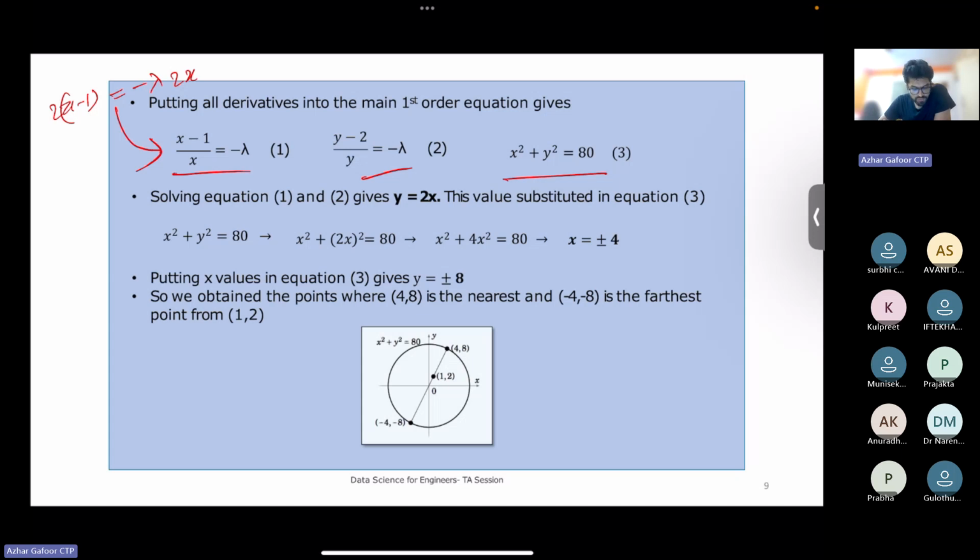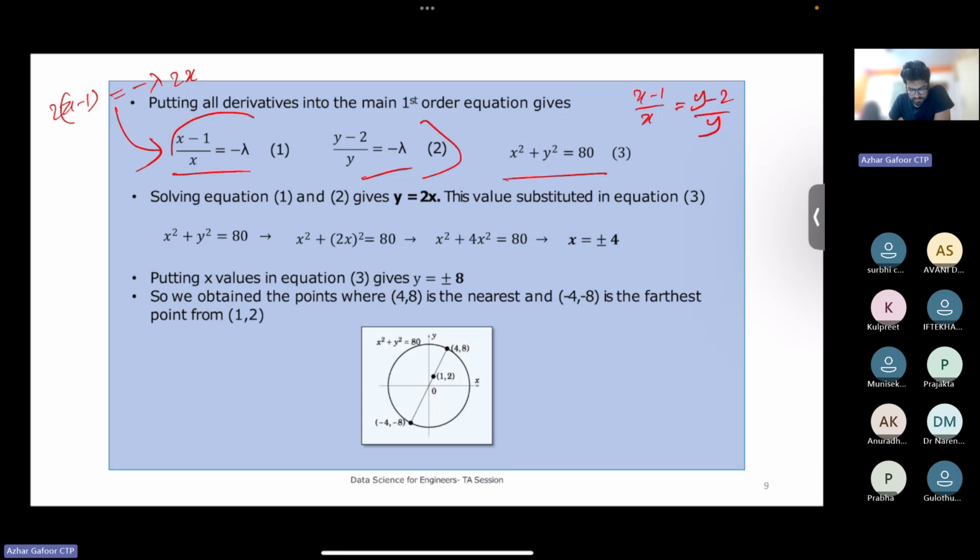Just to combine these two equations, we are going to get x minus 1 by x is equal to y minus 2 by y. So from here, we can get y is equal to 2x.